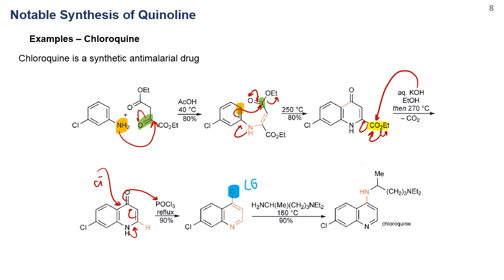And from here you can use the nucleophile, which is the primary amine here, to attack at the 4 position, kicking out the chloride leaving group, and then you form the new bond between carbon and nitrogen here, which give you the chloroquine as a product.